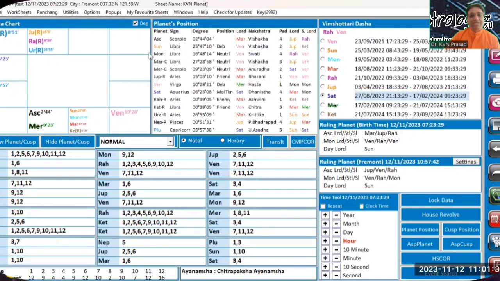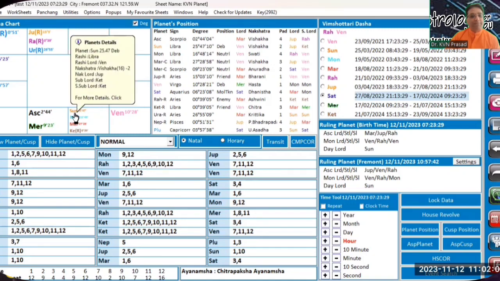You see the degrees: Sun is in Tula at 25 degrees, Mars at 27 degrees, and Moon at 16 degrees. Let's park that aside. Sun and Mars are very close to the end of that sign, Tula, and this ascendant is 2 degrees, 44 minutes. Technically speaking, the ascendant degree and Sun are only about 7 degrees apart.